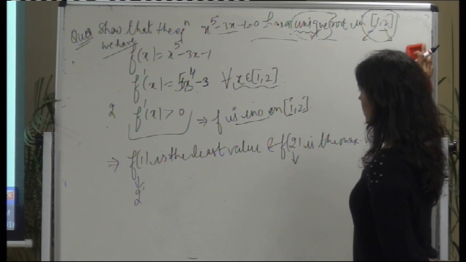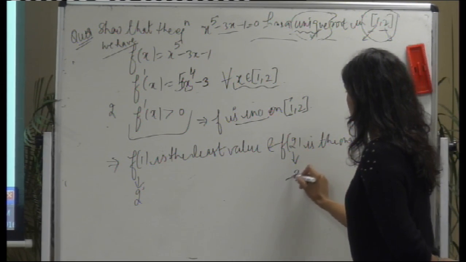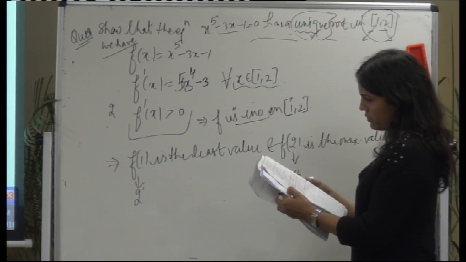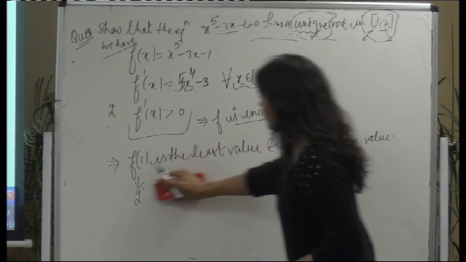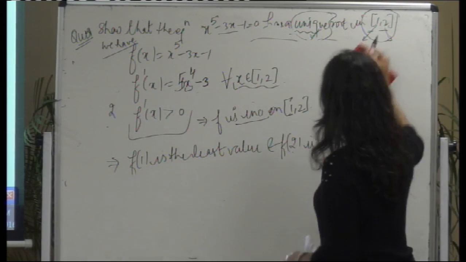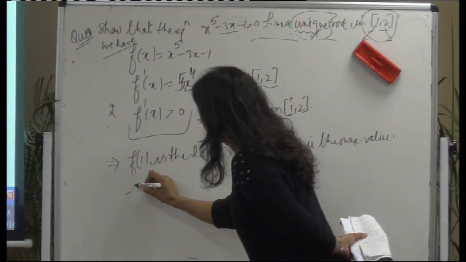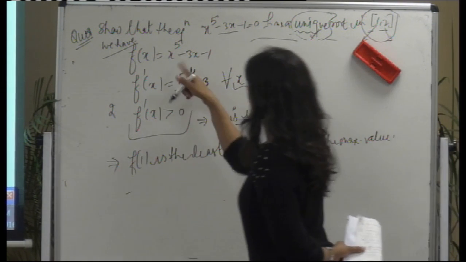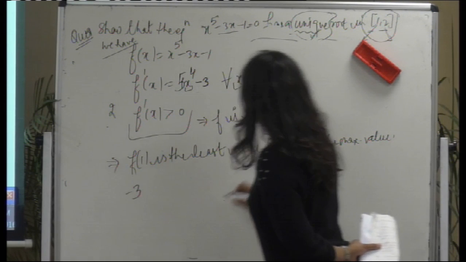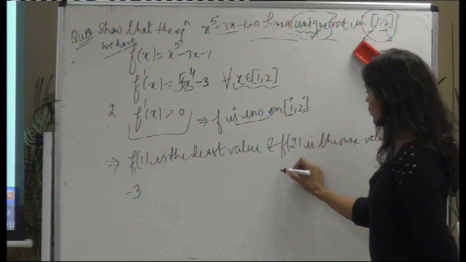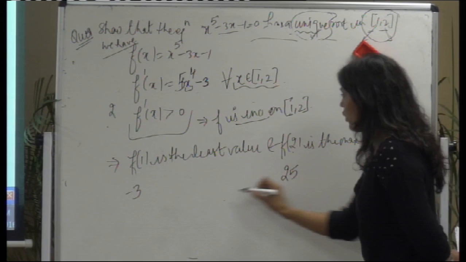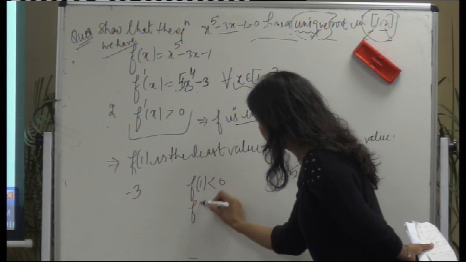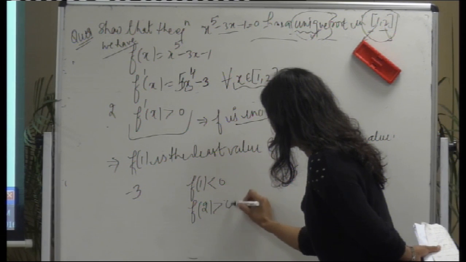Yes, it is -3, and f2 is 25. So f of 1 is less than 0, f of 2 is greater than 0.